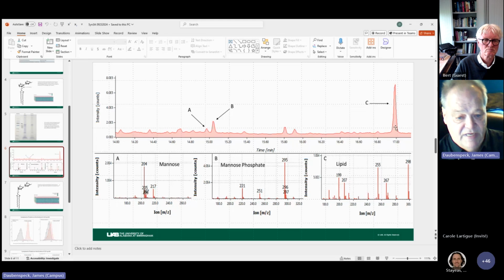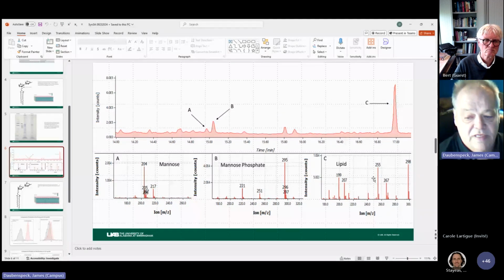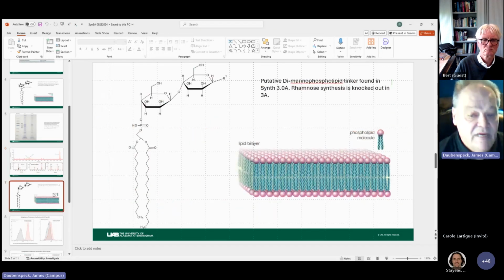So this lipid, if it was a sugar, would be about here where this noise is, quantity-wise. You can tell it's a lipid by the breaks of 14 all through the mass spec. So what that means is in SYNT3A, this is a dimannophospholipid linker. Not a dirhamnose, a dimannophospholipid linker.